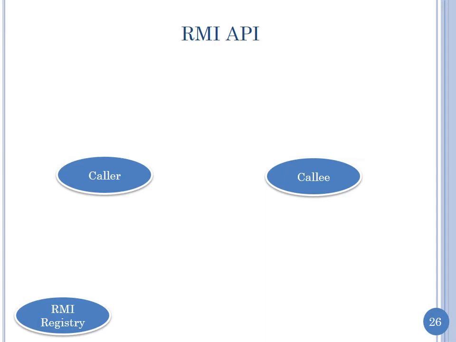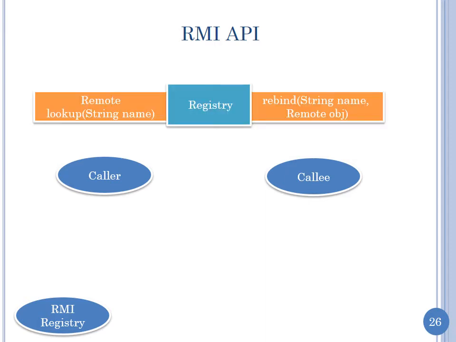In RMI, there are three parties: the caller process, the callee process, and the RMI registry process. There's this registry type which has rebind and lookup. The callee does rebind, the caller does lookup. So the binding of names will still have to be done in GIPC by the callee, right? They have the control.